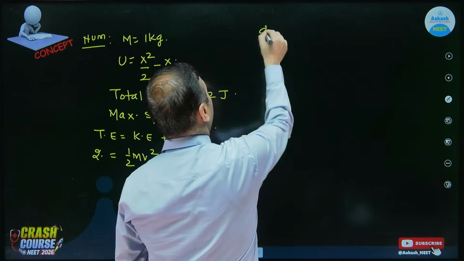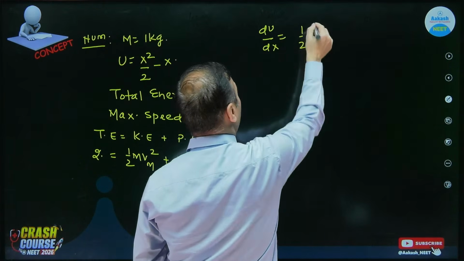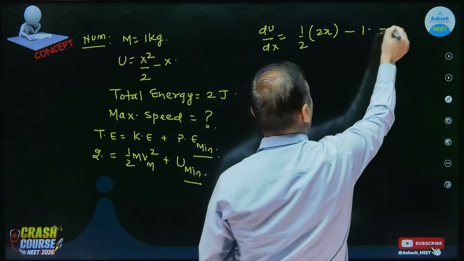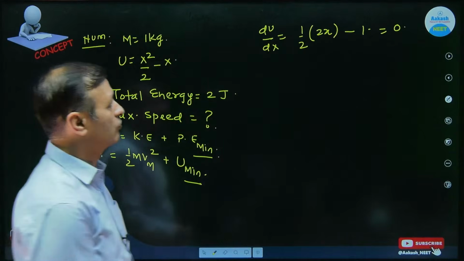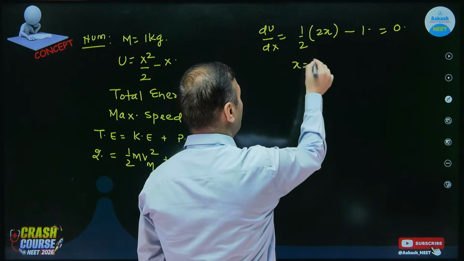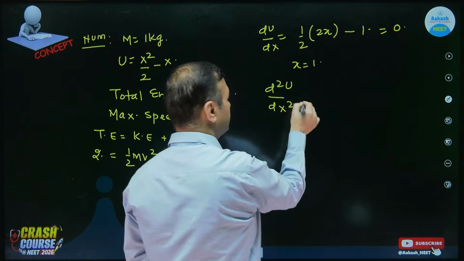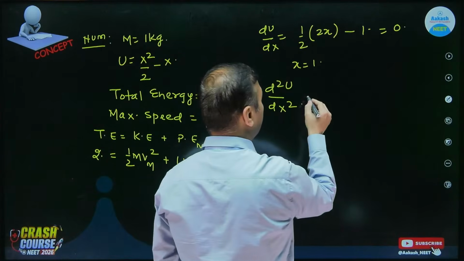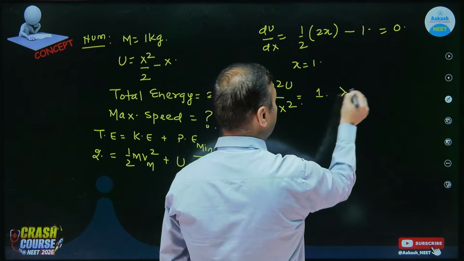So du by dx is 1 by 2 times 2x minus 1. For the minimum, this has to be equal to 0, so x equals 1. Let's check the second order derivative to see whether it satisfies the condition for a minimum or not. So it is x minus 1, and when you differentiate again, it gives you 1. So 1 means it's greater than 0.